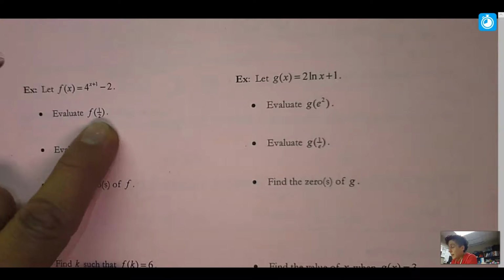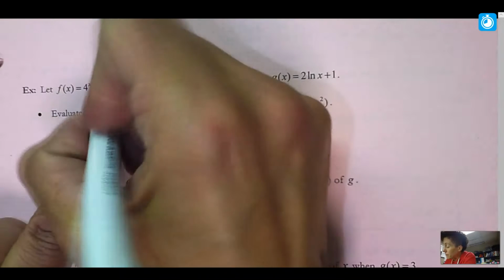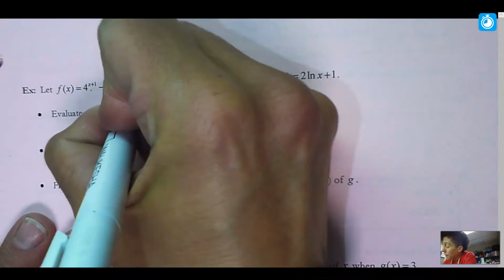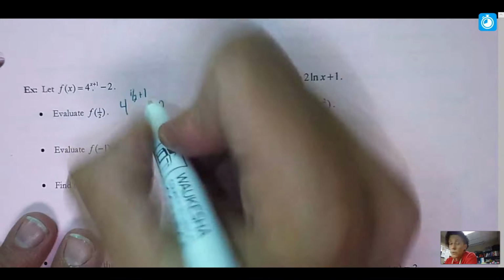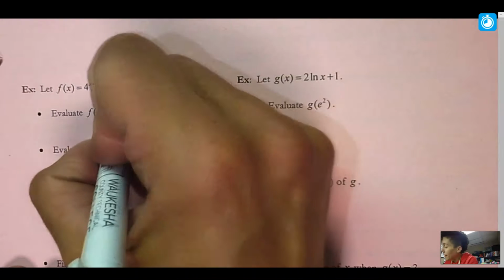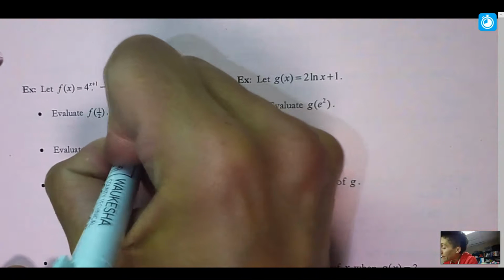So just to review here, I'm going to put 1/2 into my function, right? So 4, and then 1/2 plus 1 minus 2. So I just need to do the math here. So 1/2 plus 1 is 1/2. Or sorry, 3/2.